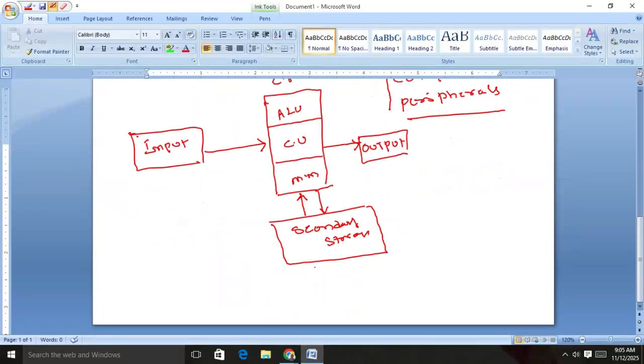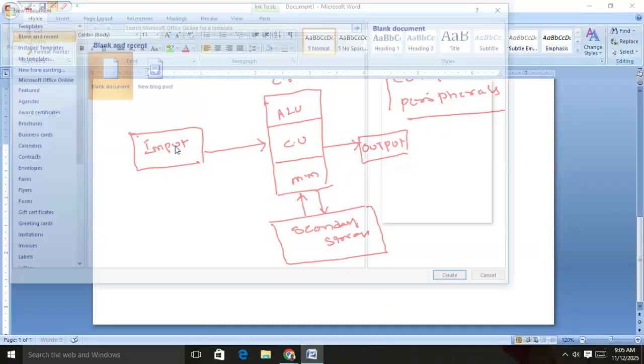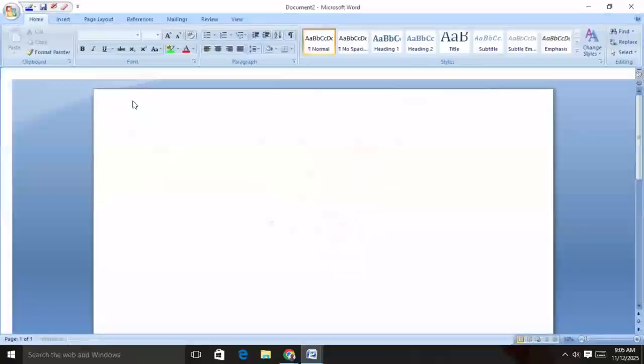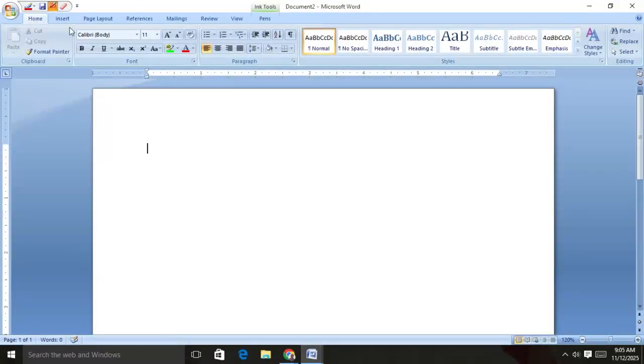Now I would like to explain the first part, the input unit, right? Please wait, I will take one more document. So the first one is the input unit.